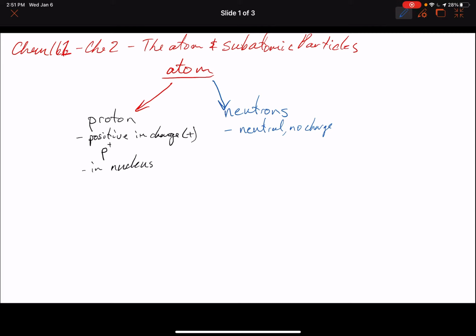To be fully explicit, one could indicate a 0 up in that same position on the symbol for a neutron. In this case, we would use a lowercase n to indicate neutron for diagrams or other types of scripting or drawings. And the position of this neutron is also found in the nucleus.